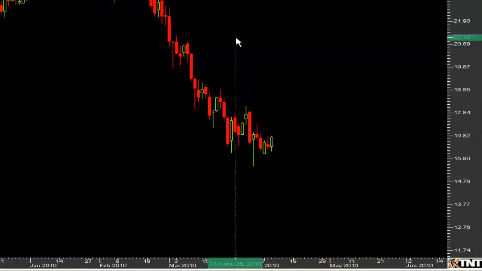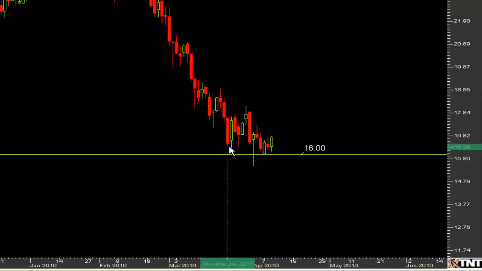You say, look at all this support that the market's given us the last little while, and remember, support is our red-green bar combination. So we have support here, more support here, more support here, and then to finish the week we have support as well. So it looks like we've got a lot of support at or near 16 even.